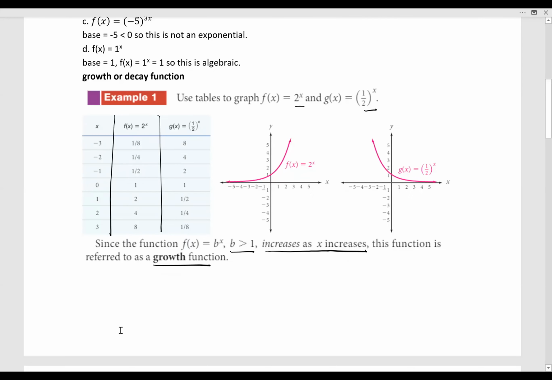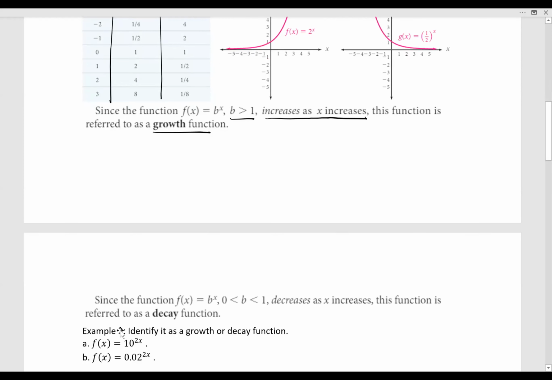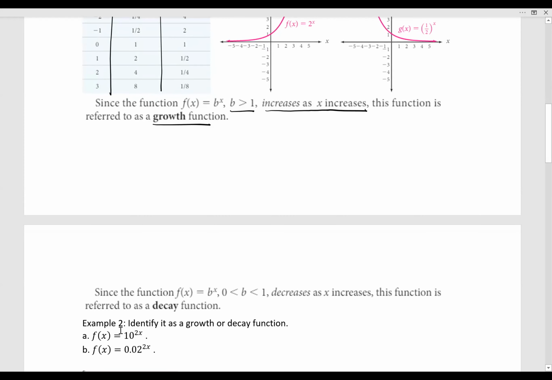In another case, the base b is between 0 and 1. In the example, the base is equal to 1/2, so it is 0.5, which is between 0 and 1.